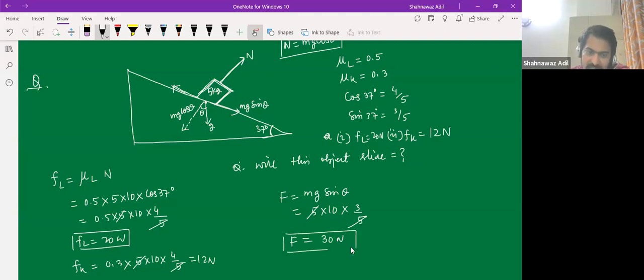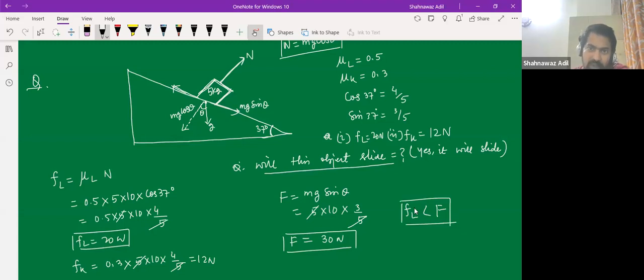So you see that this is 30 Newton, and FL is 20 Newton. So will this object slide? Yes, sir. It will slide, and why? Because FL is lesser than mg sin theta. You first note it down, and then I will ask you to calculate acceleration.